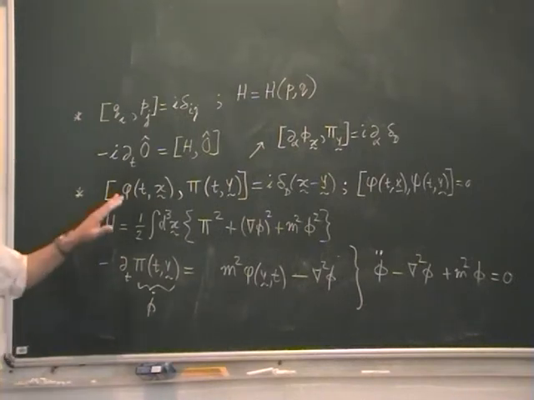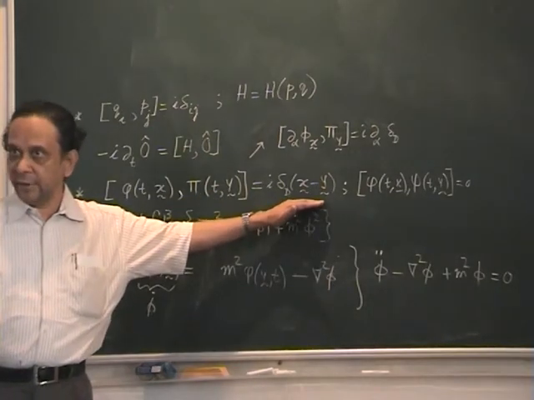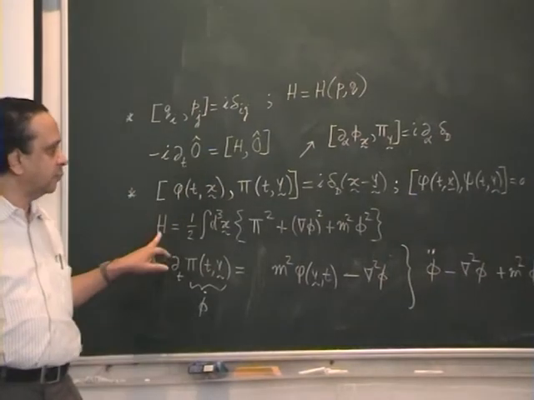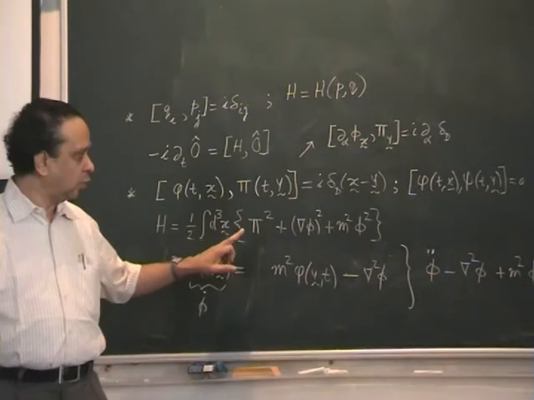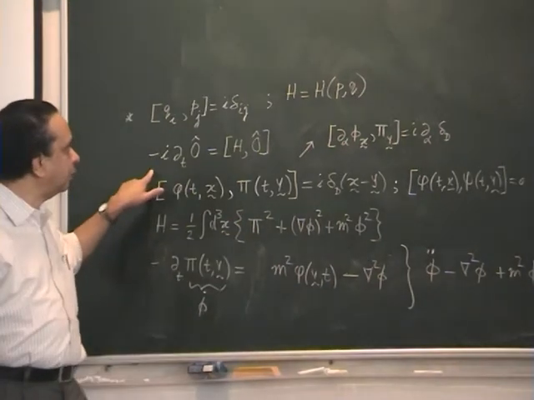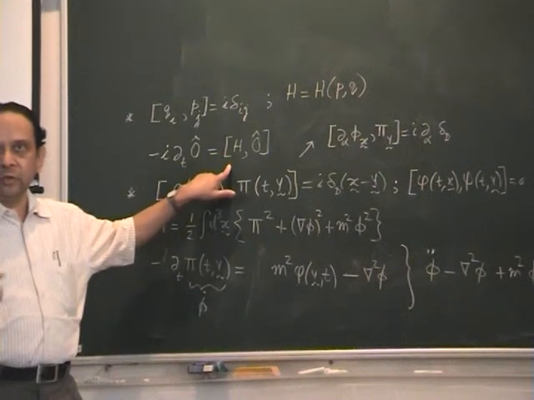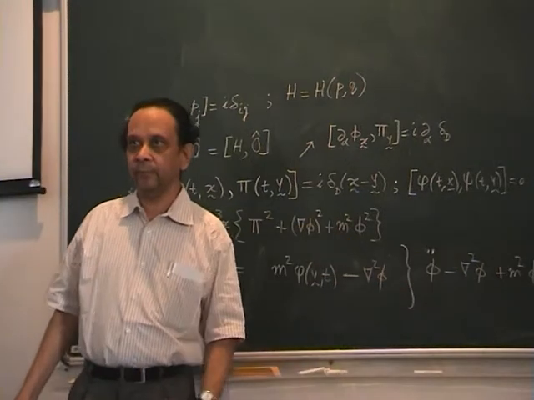It tells you that you postulate certain canonical commutation relations between your dynamical variables, which we have done. Then you express the Hamiltonian in terms of those canonical variables, the coordinate and the momentum. And once you have got that, you calculate how the system evolves using this equation. That will give you two equations which can be combined together to get the field equations.